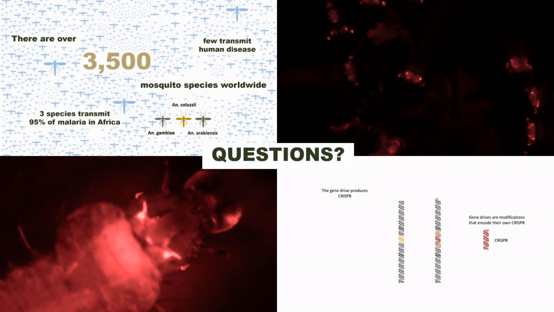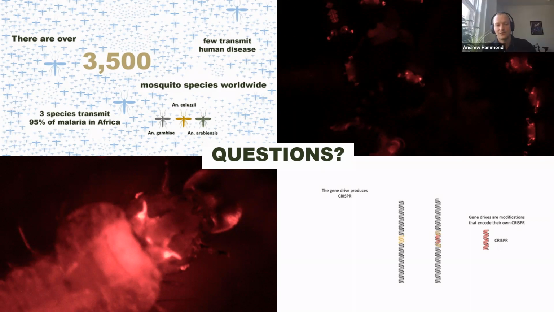So that's right, but I think there's something interesting in your question, which is what might the impact of resistance be after a gene drive release? If you have a situation where 4 or 5 years after a release you have a widespread suppression and malaria transmission goes down to very low levels, you could have a situation where malaria starts to come back if the gene drive technology fails. And we know that one of the reasons why malaria deaths are not higher than they are right now is because of natural immunity in regions where you have high malaria endemicity.